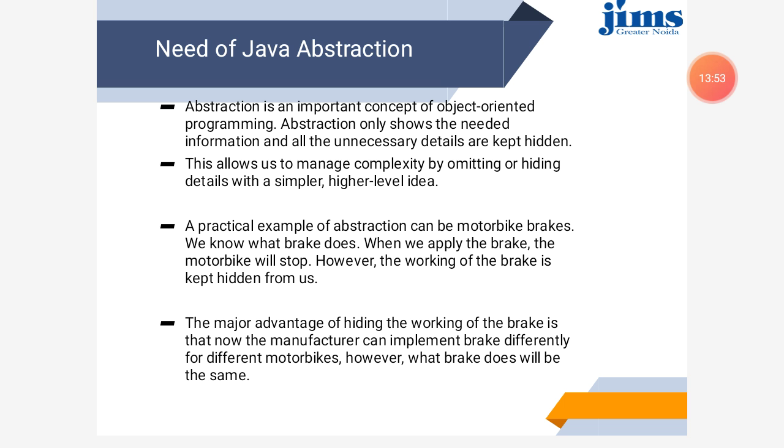A practical example you can see: if you are designing many cars, and you have mentioned one method, car start. So the car start definition will be used in almost all the cars. So in the main class, you are mentioning that every car should contain this method, but the mechanism may be different for different cars.